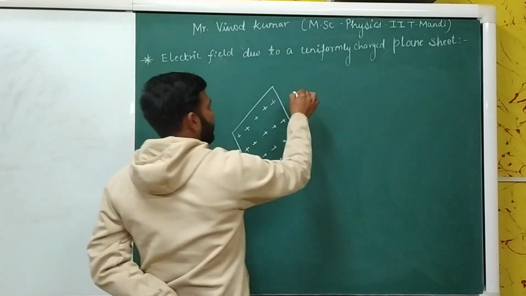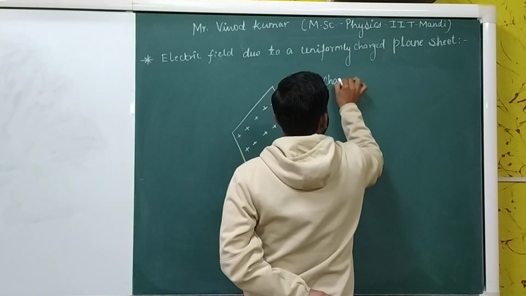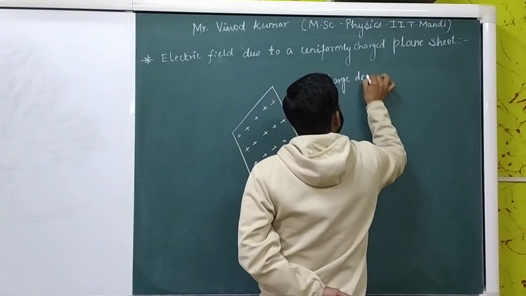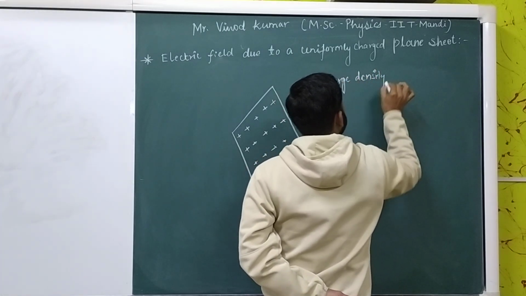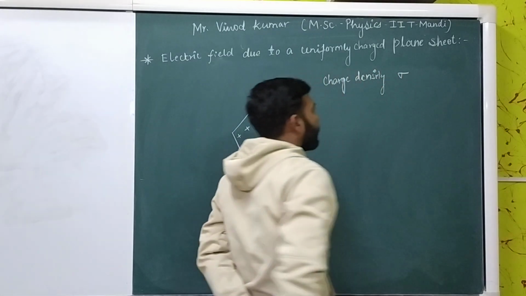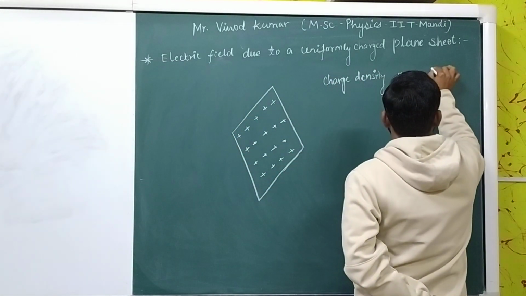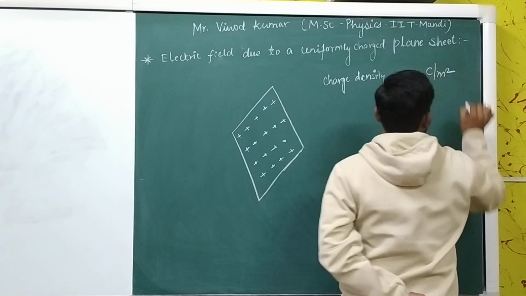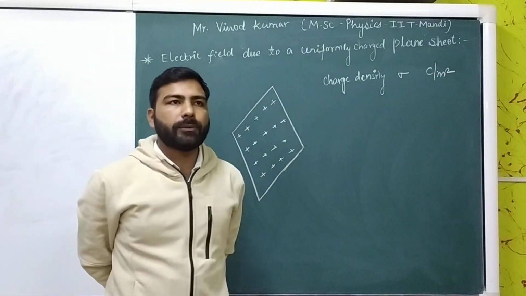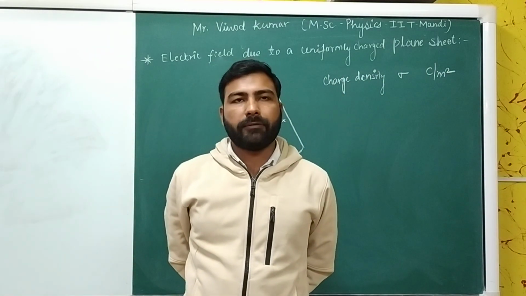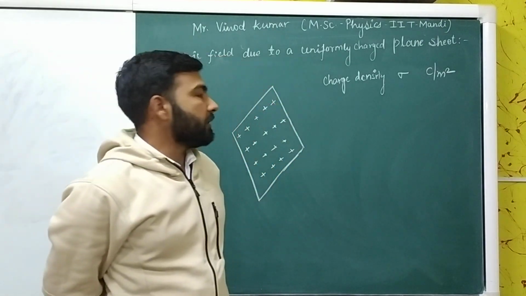Let us assume that the charge density of this sheet is sigma, and the unit of charge density is coulomb per meter square, for this infinite long plane sheet.